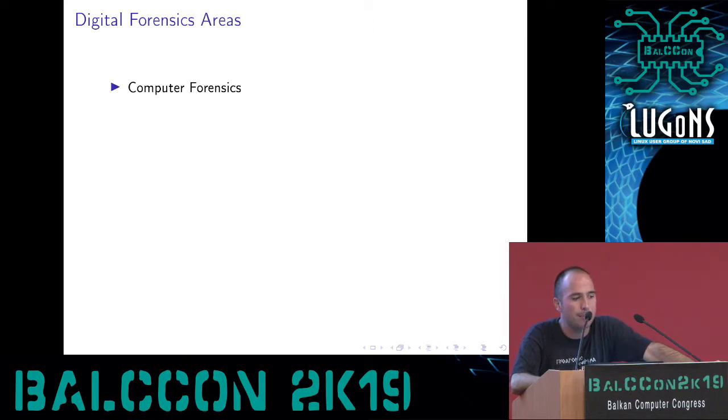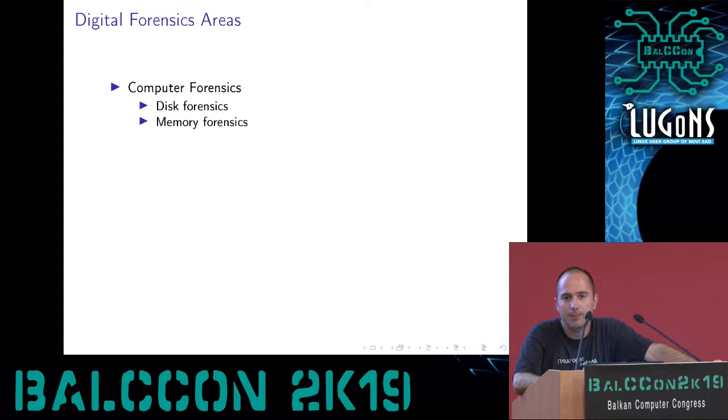So, digital forensics can be divided into several areas. The traditional digital forensics is called computer forensics, and it can be divided into disk forensics. You can guess what artifacts we are investigating: disks, file systems, files.